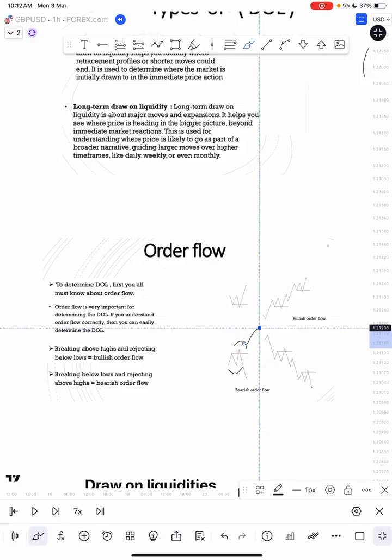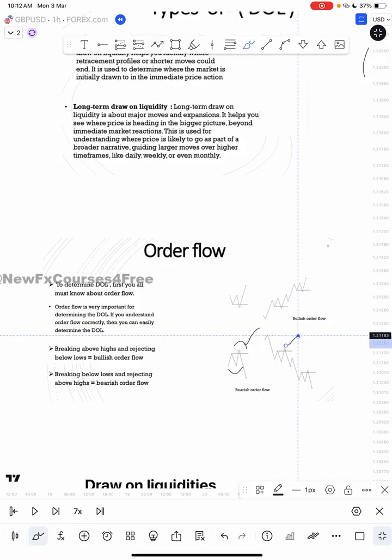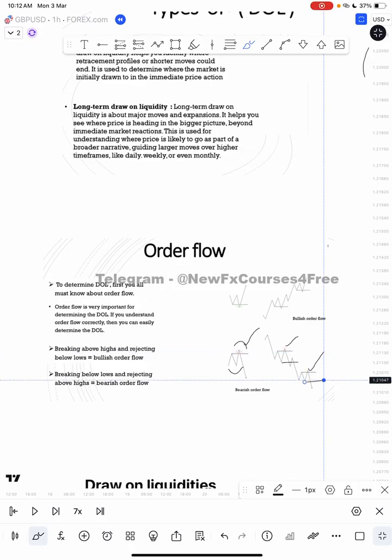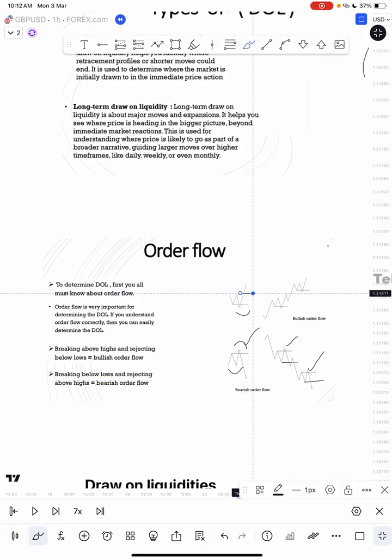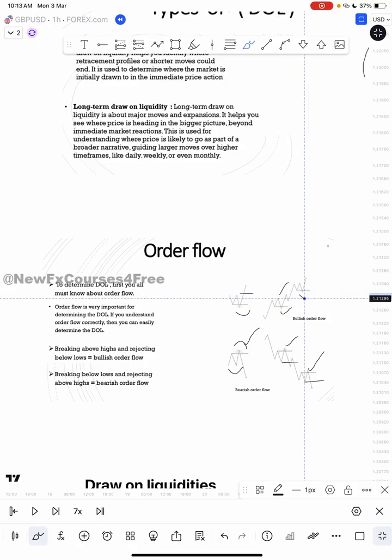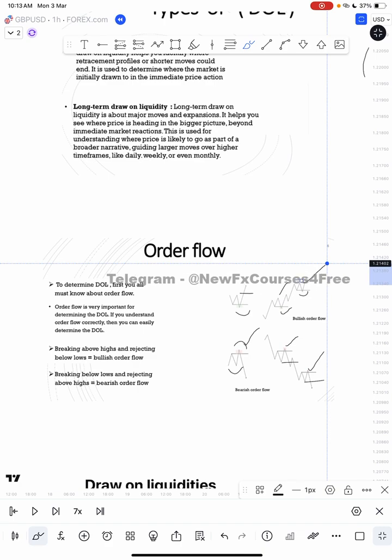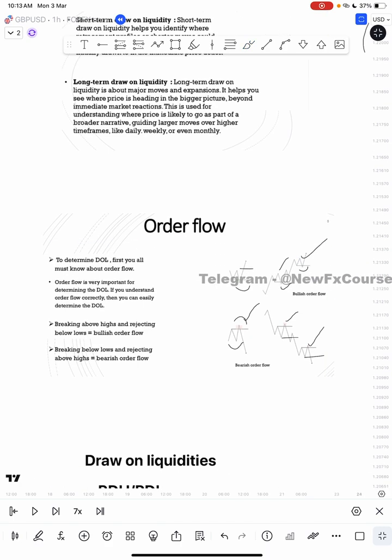Same thing here. Rejecting highs, breaking below lows. That's your bearish order flow. Then for your bullish order flow, rejecting lows, breaking highs, rejecting lows, breaking highs, rejecting lows, and breaking highs. That's how you determine the order flow for each market condition.